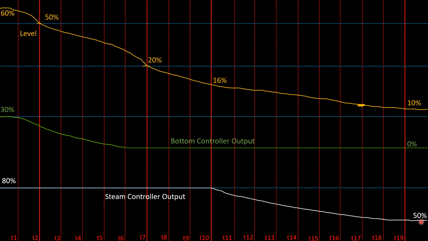So the base temperature controller is telling the steam control output, I want 80%, but since we're using a low select block, this override controller overtakes it once base level drops, and then drives the steam controller output to a value until base level starts to converge to some asymptotic value.